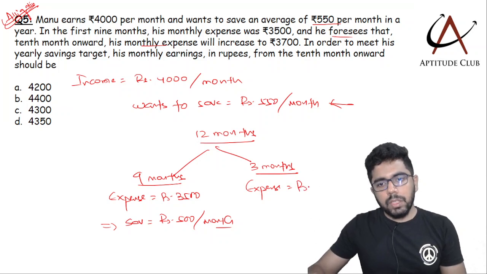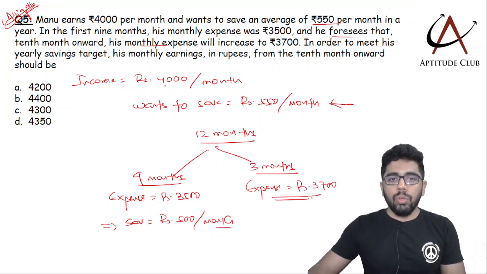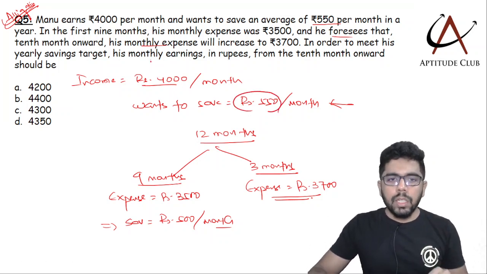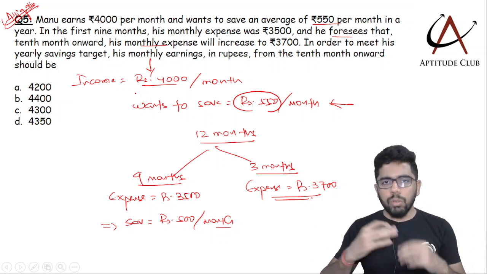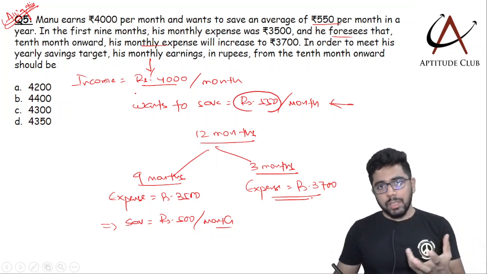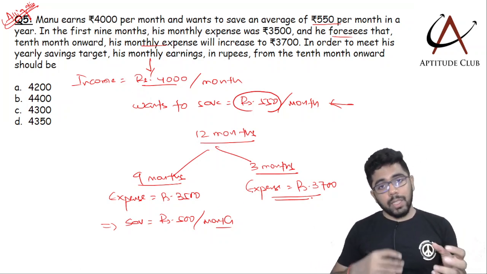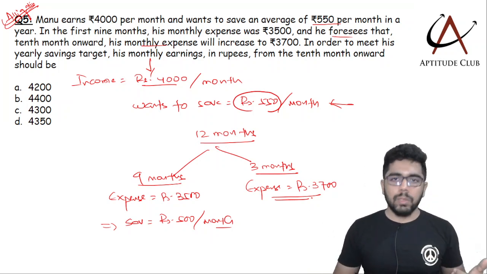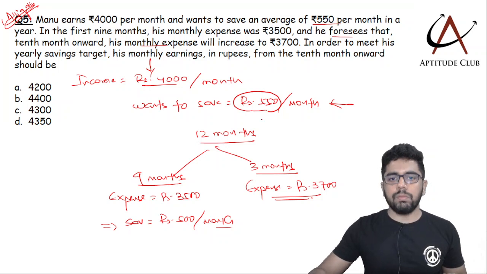So expense from 3500 will go up to 3700. So if he wants to reach 550, only one option for him: he has to increase his income. There's no other way, because if he doesn't increase his income, his savings for the next 3 months would be even lesser, and overall savings would be less than 500 per month. He wants to reach 550.